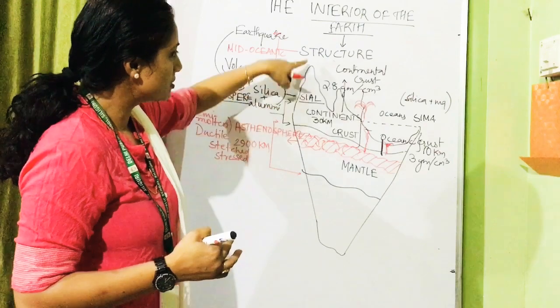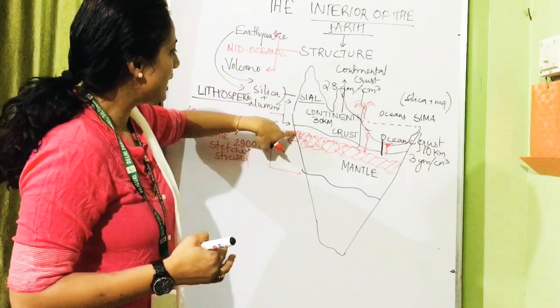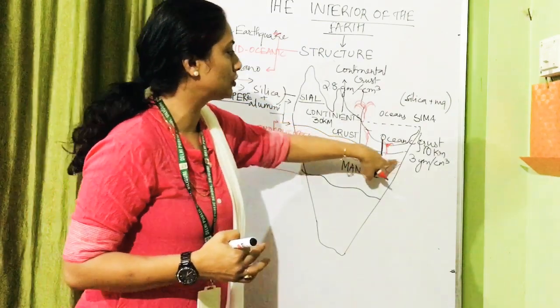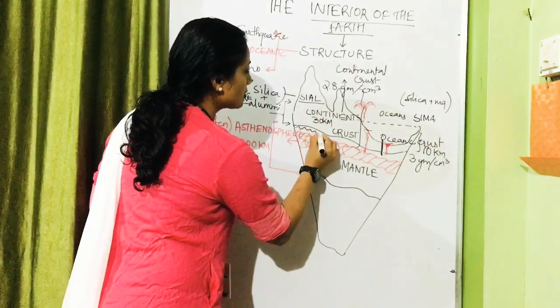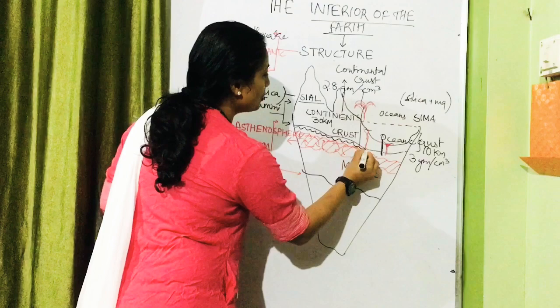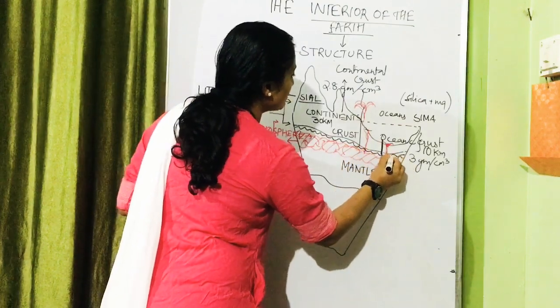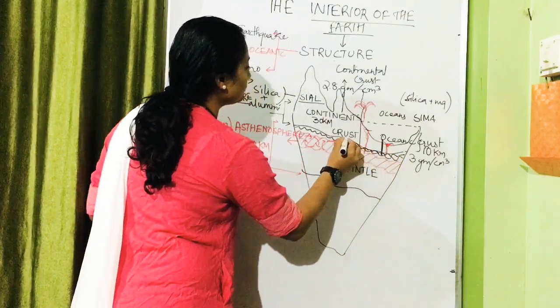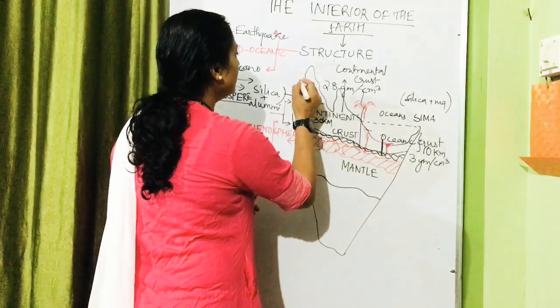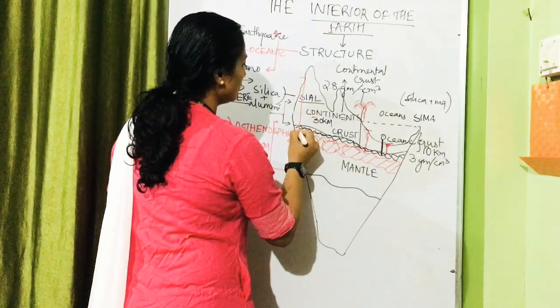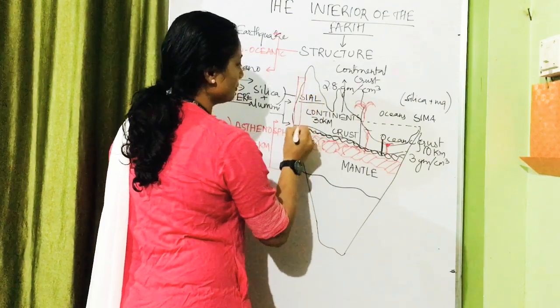The crust, and the upper part of the mantle below the crust, which is still brittle in nature, combined form your lithosphere.